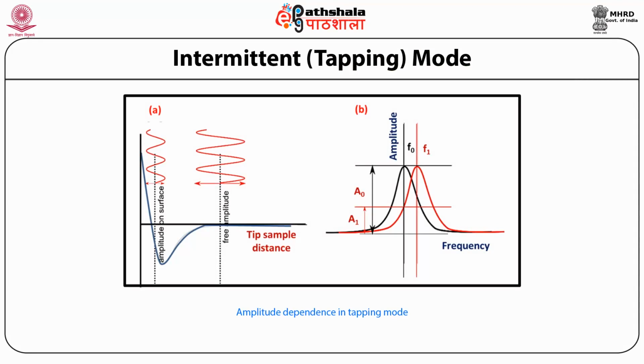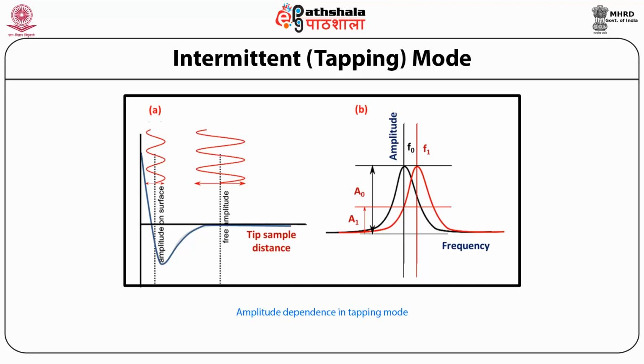Intermittent or tapping mode. For imaging biological samples, the constant force that the cantilever exerts on the sample in contact mode is quite large. In such cases, it is advantageous to work in dynamic mode, also called tapping mode or intermittent contact mode. In this mode, the cantilever oscillates with an external piezo close to its resonant frequency, as shown in figure 2.